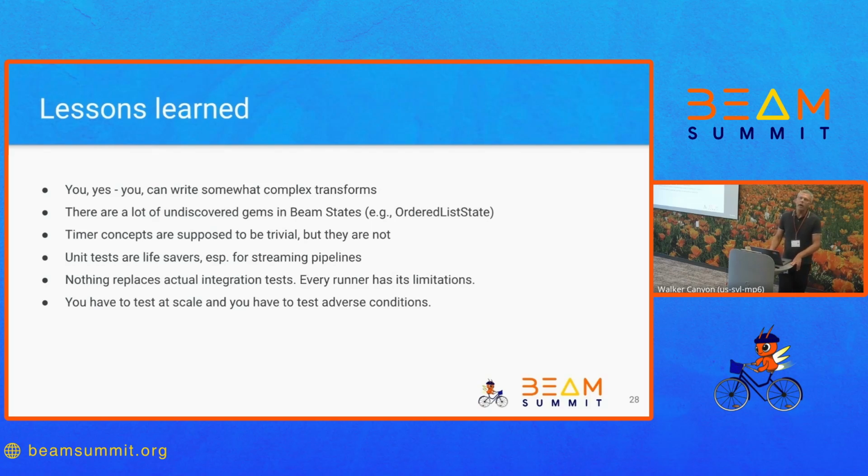At some point, you have to run actual integration tests because every runner is slightly different. So you want to push the limits and test edge conditions and see where it starts to fall apart. And the end result was that we ended up implementing workarounds for certain runners.